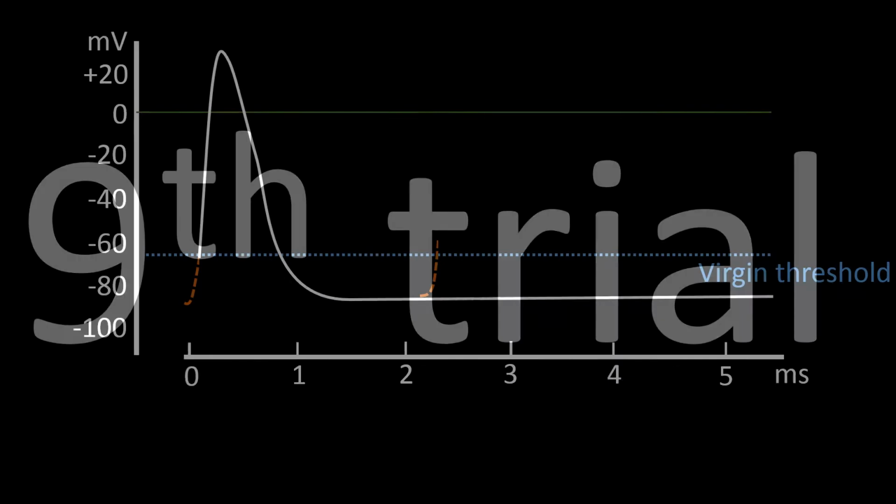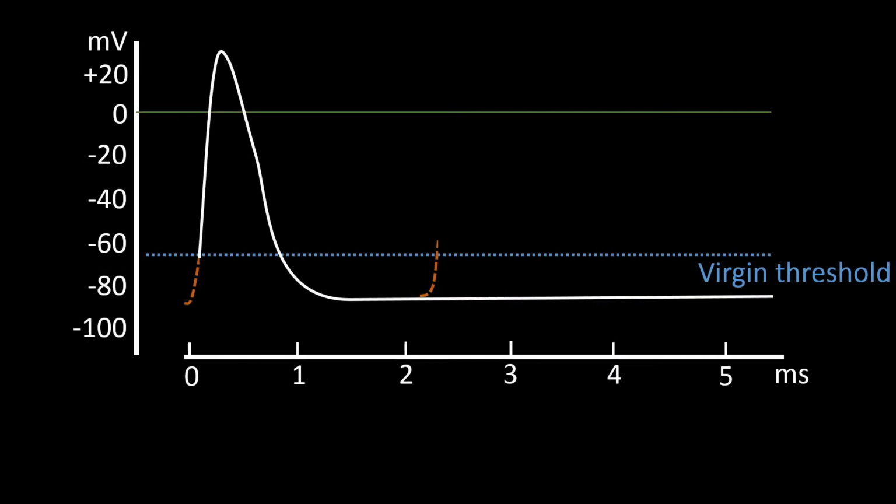During the ninth trial, after the initial stimulus is provided, the second stimulus is given at the same time as in the prior trial, but the stimulus is stronger. And in this situation, an action potential will occur.